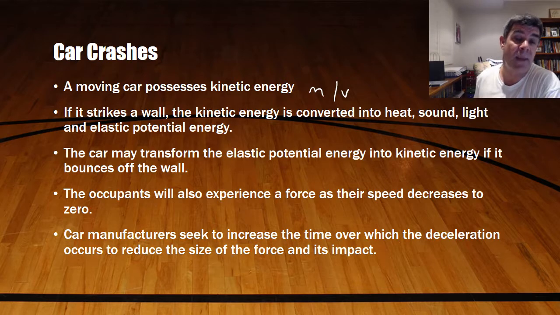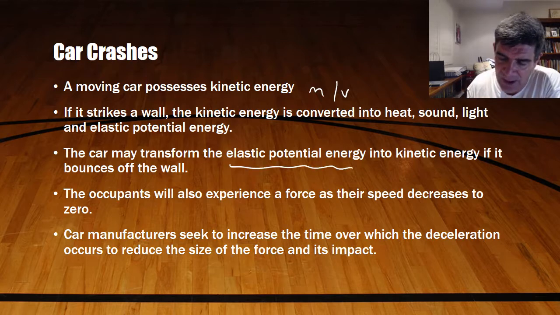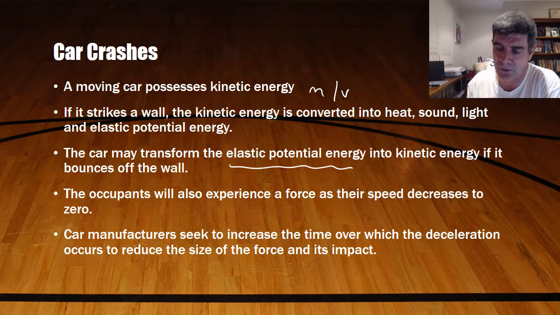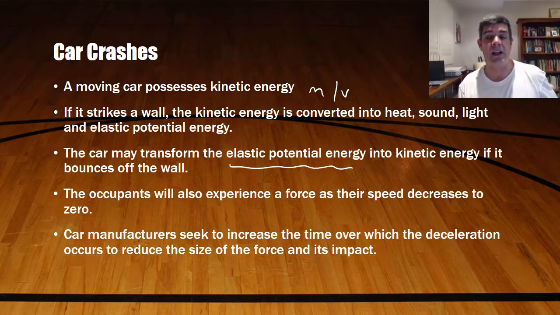One of the things that can happen is the car can transform elastic potential energy into kinetic energy if it bounces off the wall. There's an opportunity for us to have some sort of bounce back effect. The occupants obviously are going to experience some sort of a force as their speed decreases, in some cases quite rapidly, to 0.